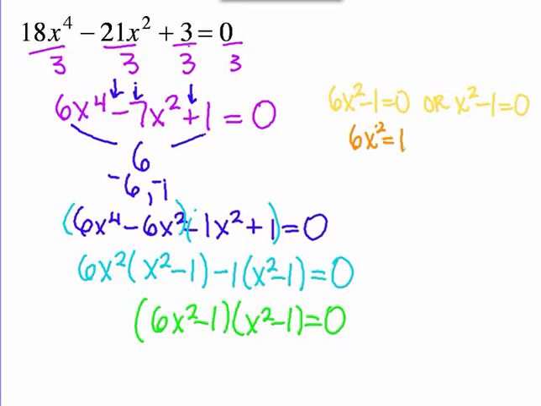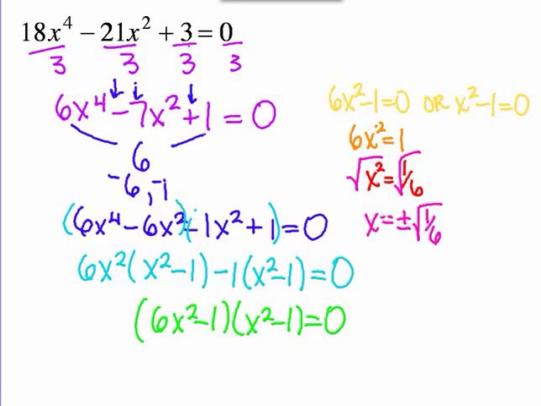Then what do I do? X squared equals 1/6. Good. Got to divide by that 6 first. And then now what would you do? Square root. Yep. What's the important thing to remember about square root? Plus or minus. So plus or minus square root of 1/6. I'll let you leave that for now.